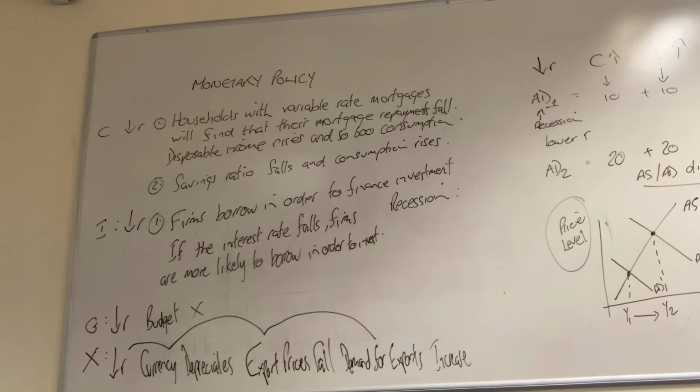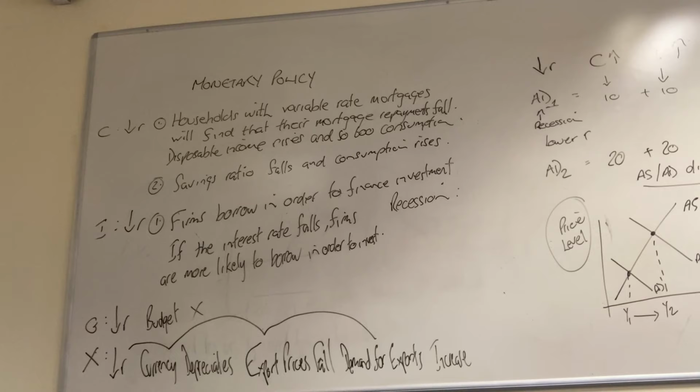Now what's that going to help reduce in the economy? If you're producing more goods, what do you need to make the goods? What do firms need to make things? Right, okay.